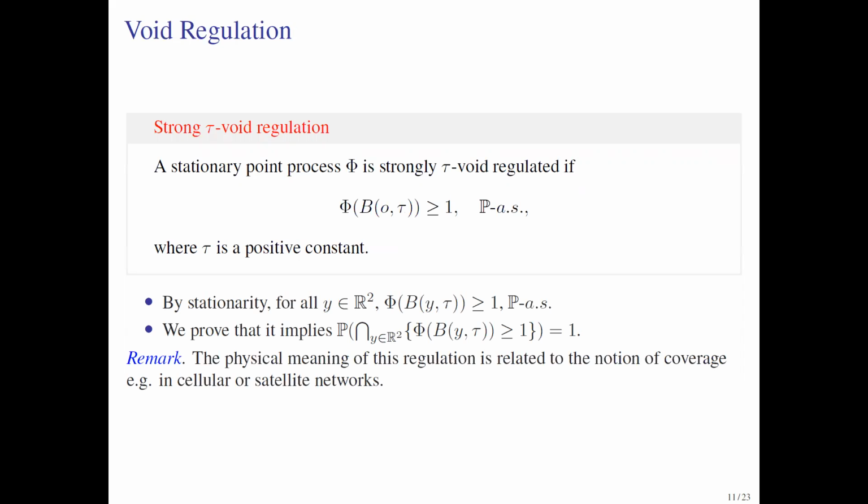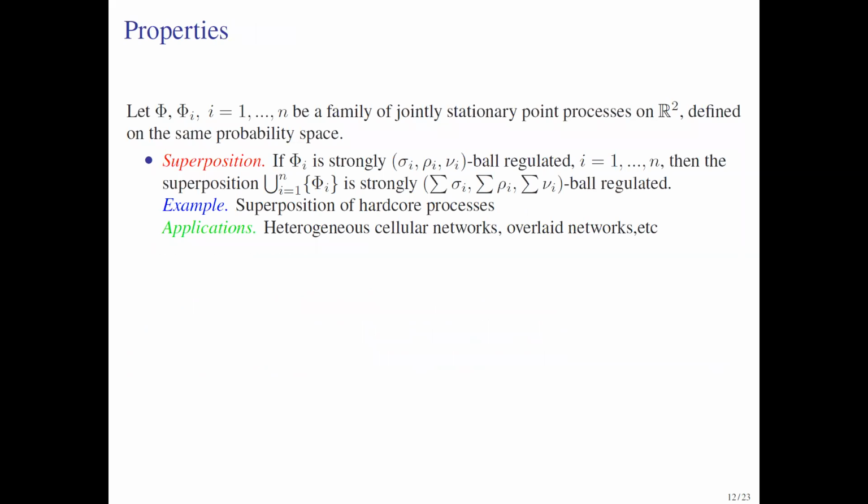The reason we define this is relevant to the notion of coverage, for instance, in cellular and satellite networks. There are a few properties that I would like to mention about the regulations that we've introduced. The first property is the superposition property.